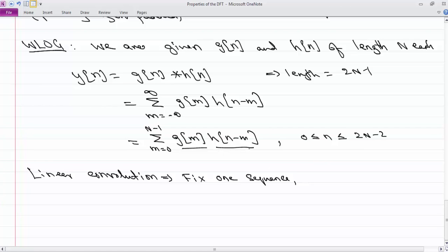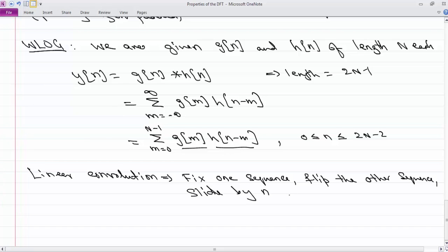You flip the other sequence, and then you add them all up after the shift, which is proportional to the little n that you are after. Right? So you flip and then you shift or slide. So you slide by n. Okay.